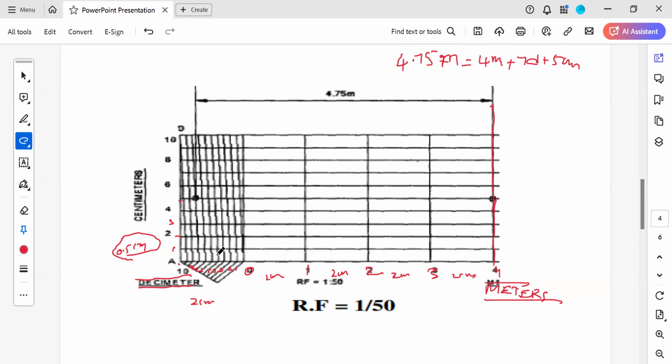We will go to the 7th division. There we will draw one inclined line where it meets the 5th horizontal line. From that point you can draw one line like this. So this will be representing a length of 4.75.